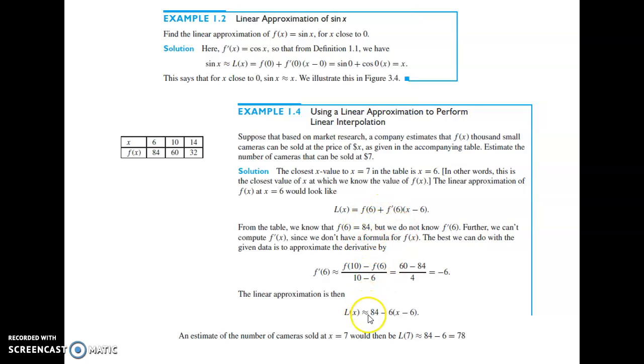Substituting this here, we get this. So this is the linear approximation to find the value for any x. But this x is equal to 7, which we are asked to find. So I substitute x equal to 7 in this formula, I get this.